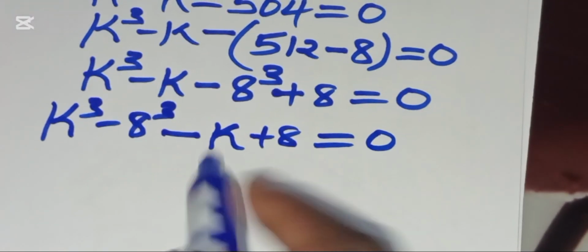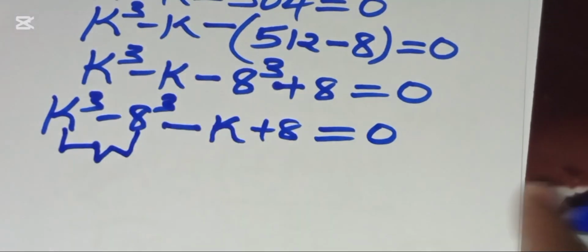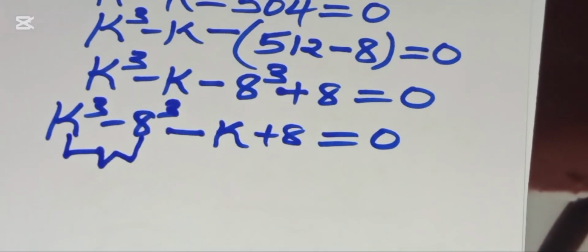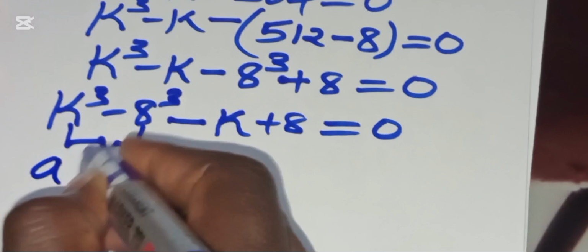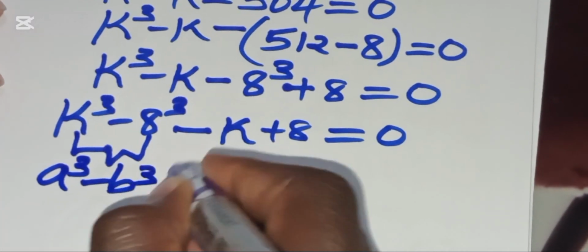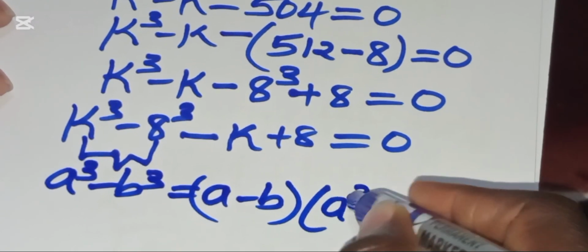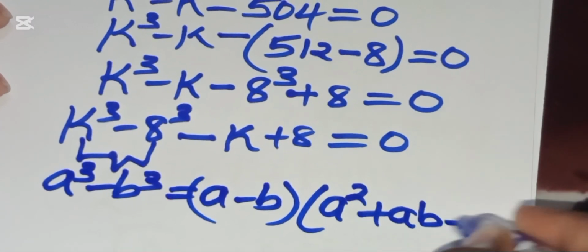Now you can see that the first part is clearly the difference of two cubes, expressed as a cubed subtract b cubed, which we can express as a minus b, times a squared plus ab plus b squared.